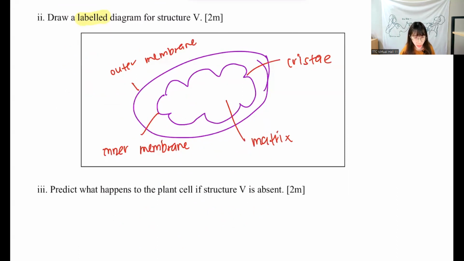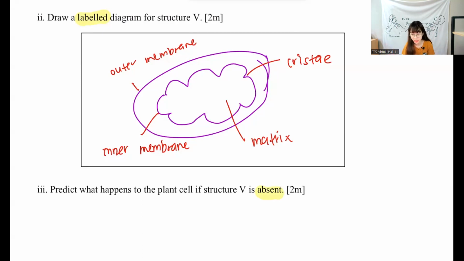Okay, explain what happens to a plant cell if structure V is absent. If a plant cell has no mitochondria, it means that they cannot generate energy. When they cannot generate energy, what will happen to the plant cell? Whenever you see the word absent, the first sentence you write is the function, and in front you add the word unable. Unable to generate energy in the form of ATP. So the plant cell cannot carry out the normal activities.